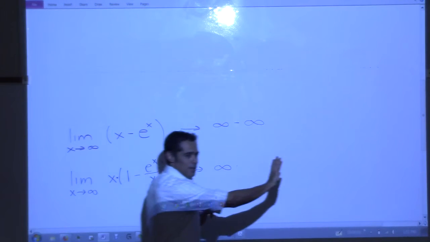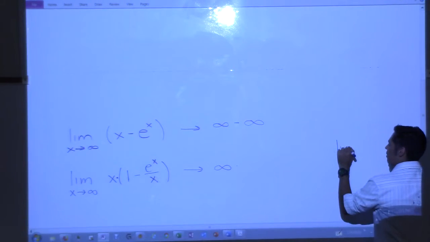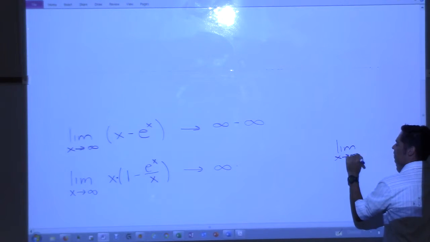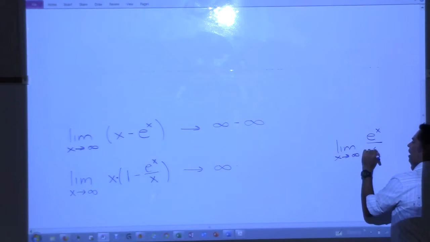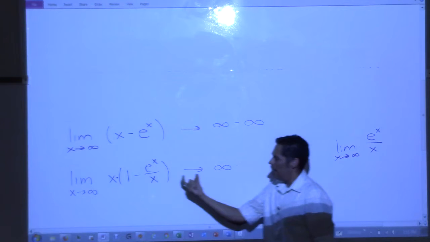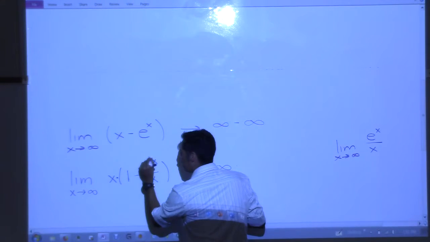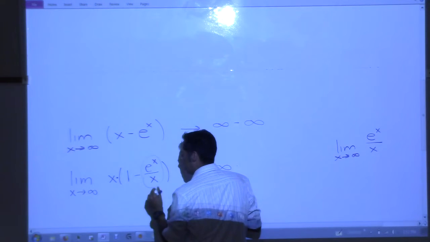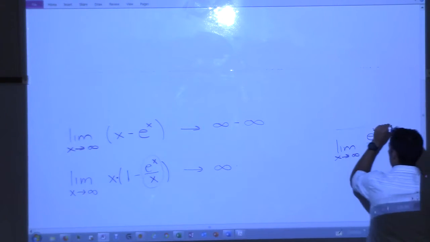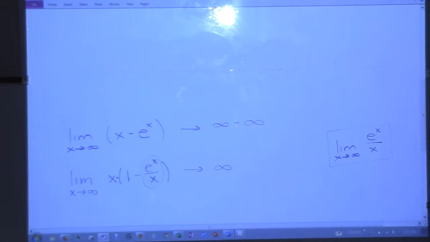So I'm going to come over here on the side and find the limit as x goes to infinity of e to the x over x. I need to figure out what this part is doing as x goes to infinity. I'm not too unhappy about it because I have infinity over infinity, and so I can go straight to L'Hopital's rule on this little piece. Yes or no?